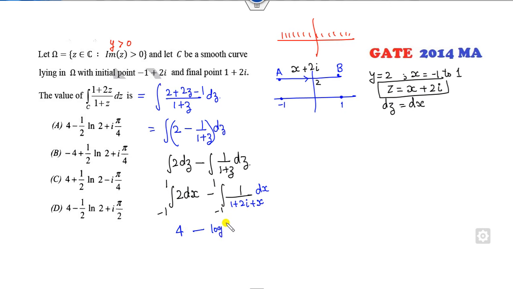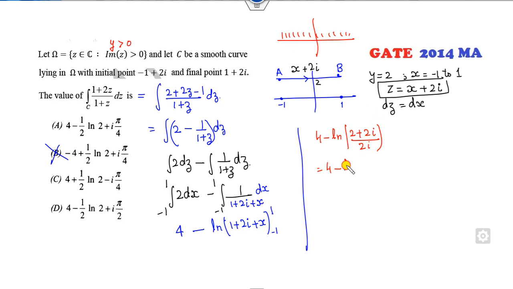The integration of this is a log, and because the answer is written with ln, I can write 4 minus... sorry, 2 ln of (x minus 1 plus 2i) from minus 1 to plus 1, so this option is cancelled out. If I substitute the limits, it is 2i over minus 2 plus 2i, so 2 cancels out, leaving 1 over (1 plus i).